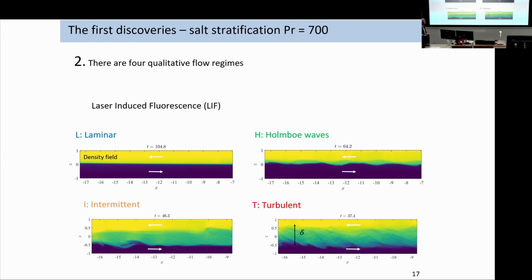We also discovered that there are 4 different flow regimes in the system. Depending on, and I'll show you what it depends on, we can find systems where the flow is essentially laminar and you can't see any real disturbance, although the flow is happening. We saw a system where we see waves on the interface, and when we have salt stratification, these are sharp cusped waves known as Holmboe waves.